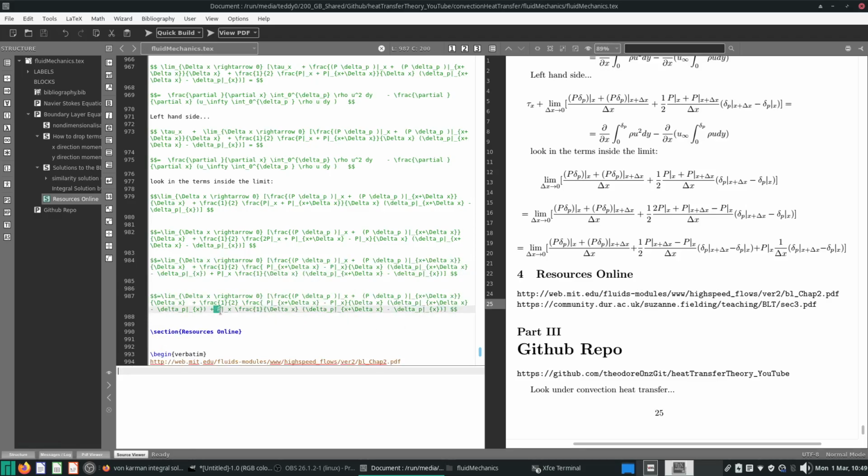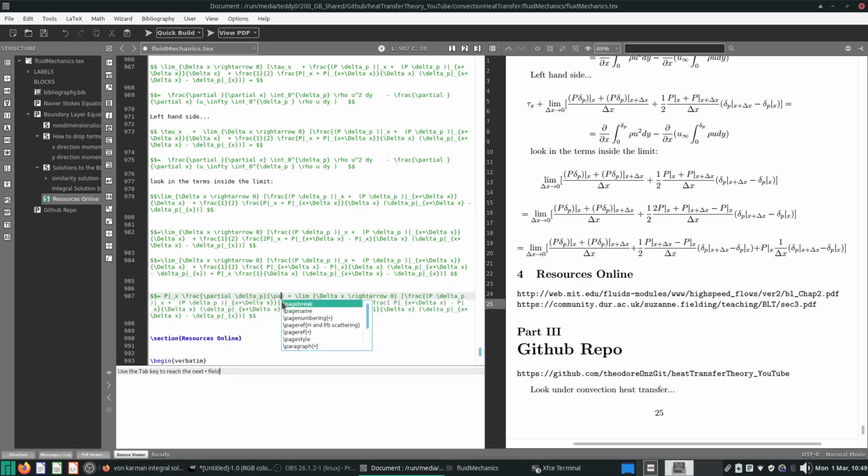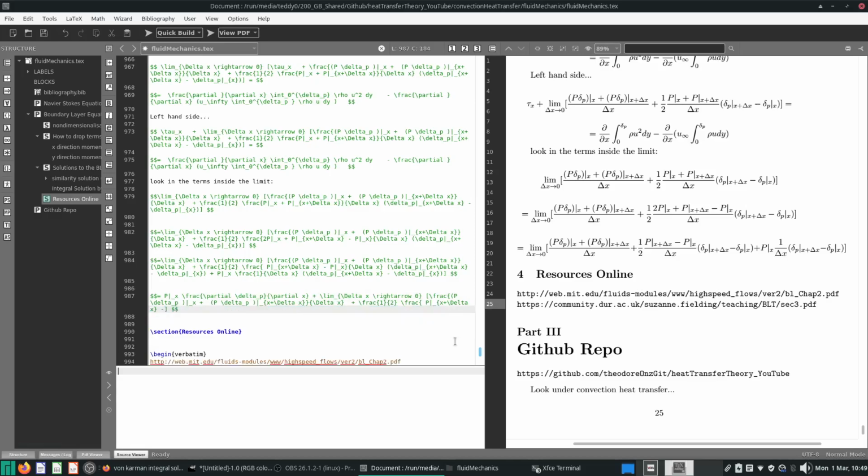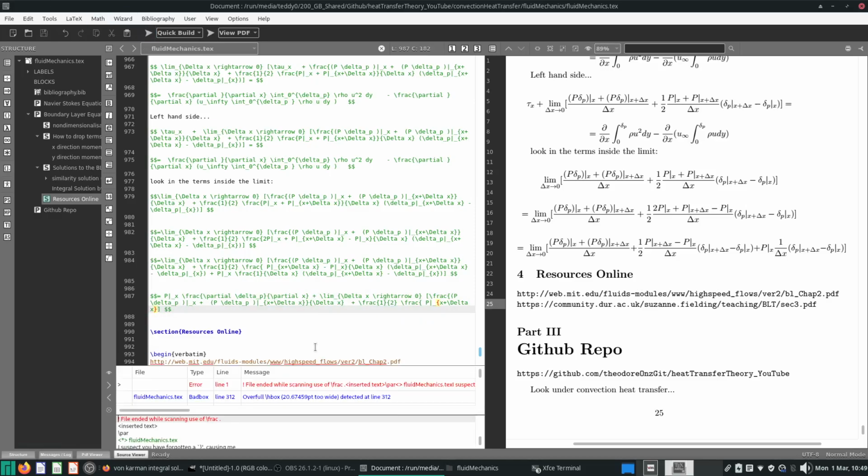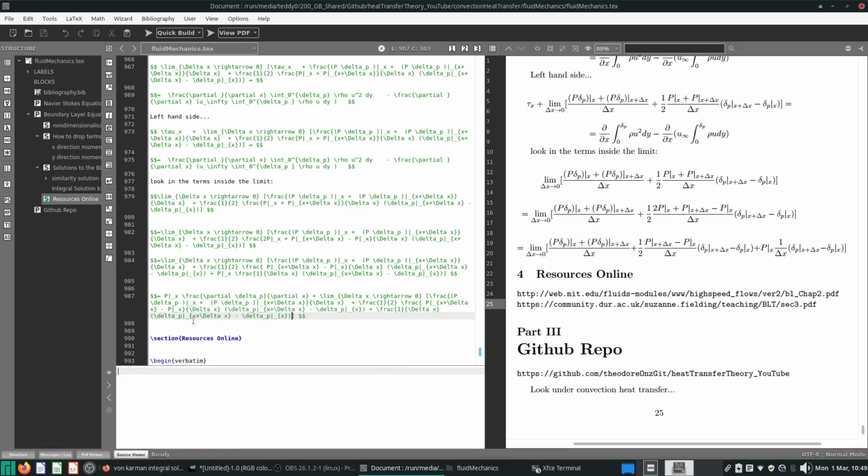So p of x, and that will actually save us some space. P of x, fraction partial, delta p, partial x. And the last term we can just get rid of. Oh, okay, I think I deleted too many things off, as usual.